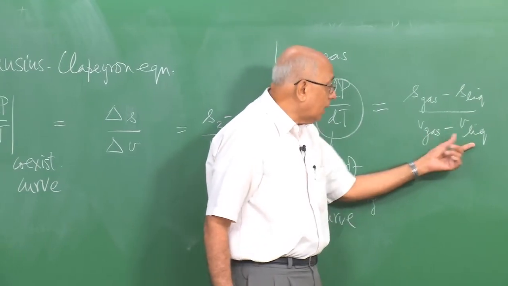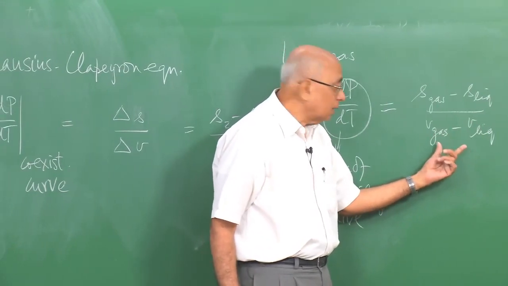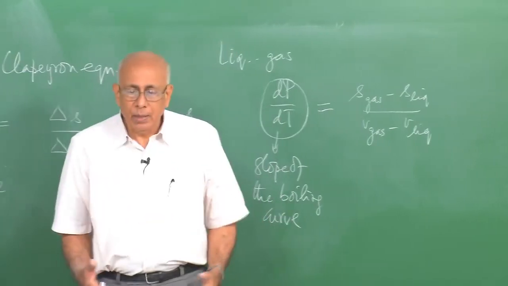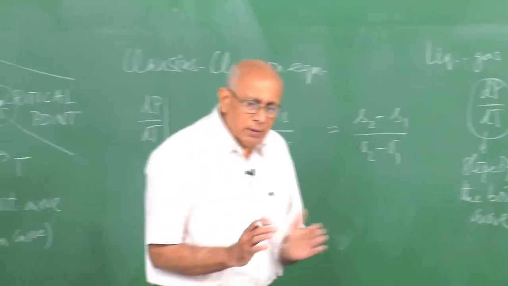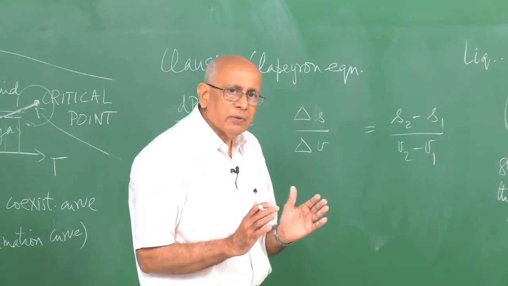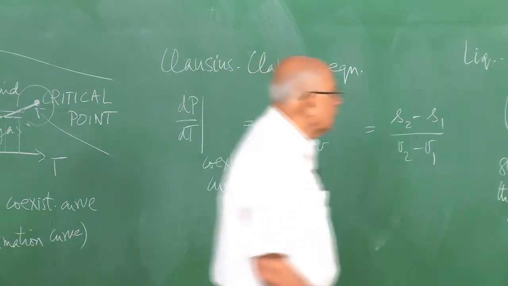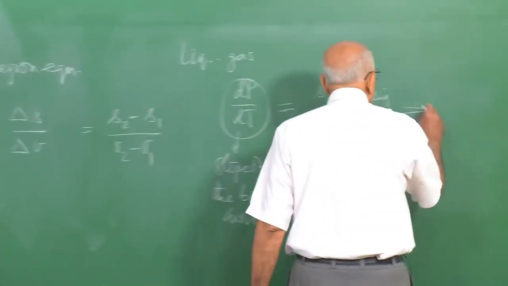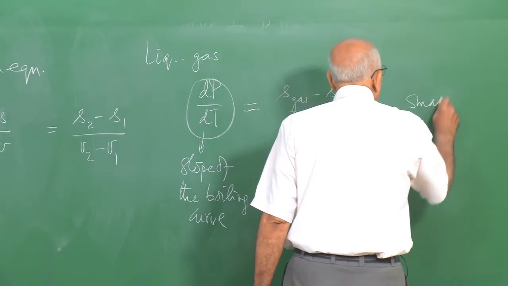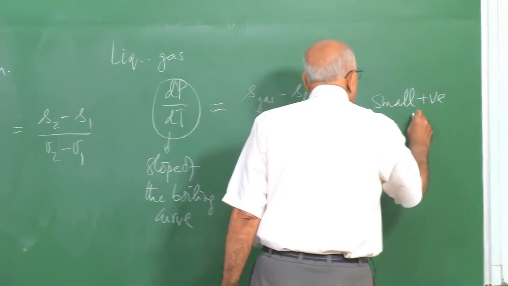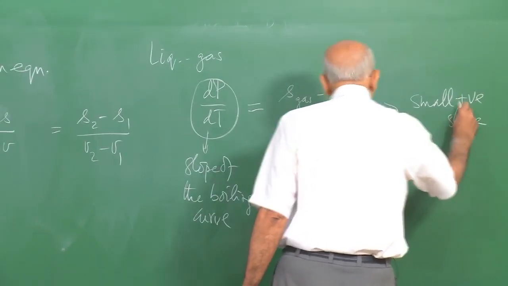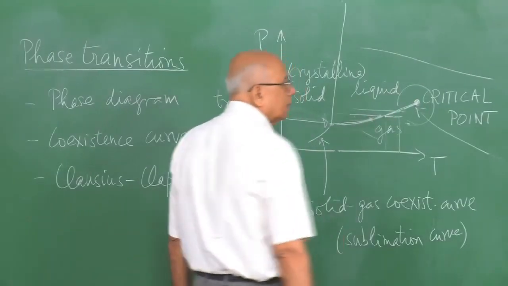This denominator here is very large, which means that the quantity itself is very small and positive. So this implies a small positive slope, which is what we see. We see a small positive slope here.